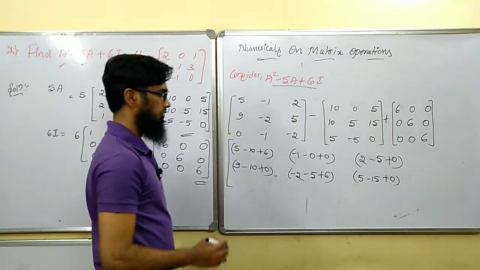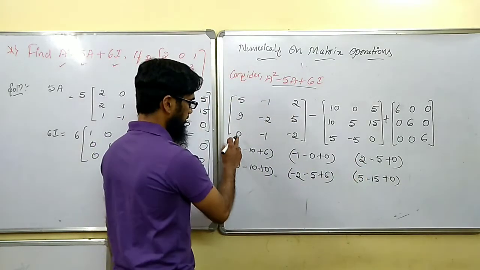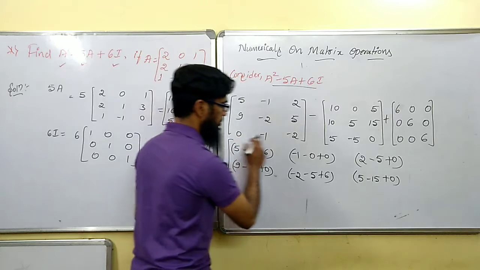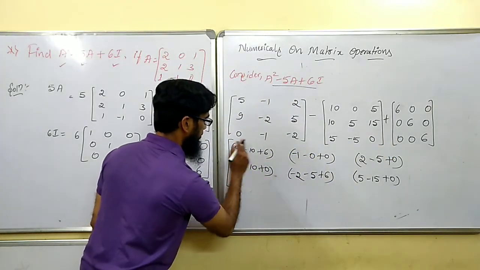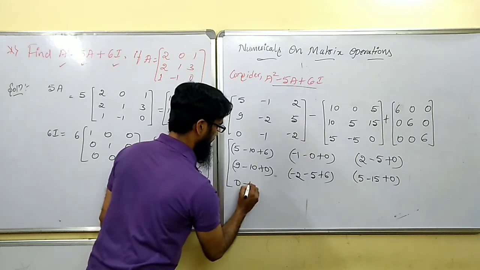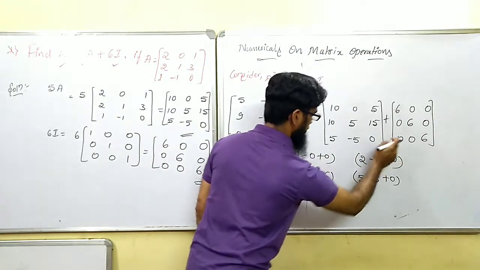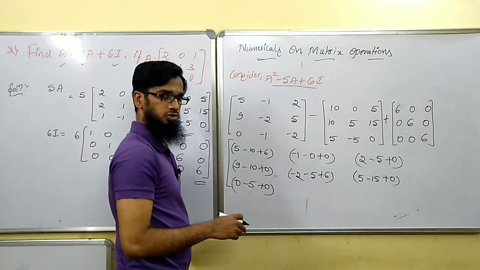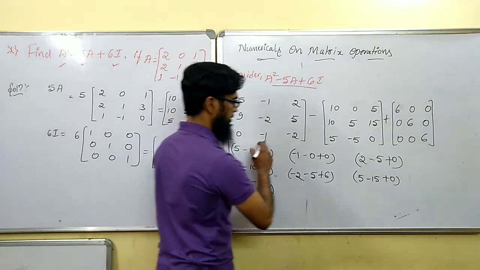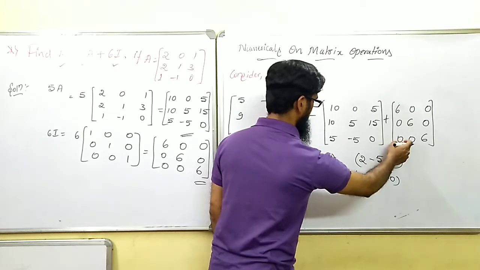Now go for the third row elements. This is third row, first column: 0, 5 and 0 we have to consider. This is 0 minus 5, and again plus 0. Now the third row, second column elements: this minus 1, this minus 5, as well as this 0.